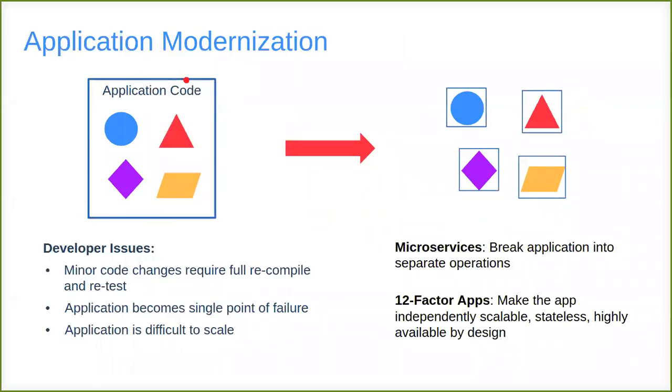We have an application with various components. Let's say this circle, triangle, square, and trapezium are all different microservices. If we segregate these microservices, this is a monolithic design. This is a monolithic structure of an application, where all the functions are written one by one next to each other.